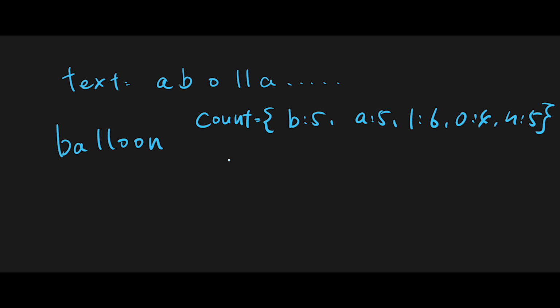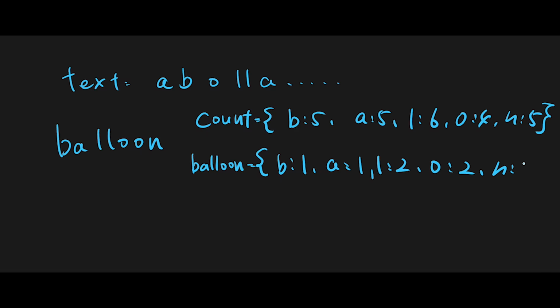We also need to count how many times each character is required to form the word balloon. So the balloon hash map has B is 1, A is 1, L is 2, O is 2, and N is 1.